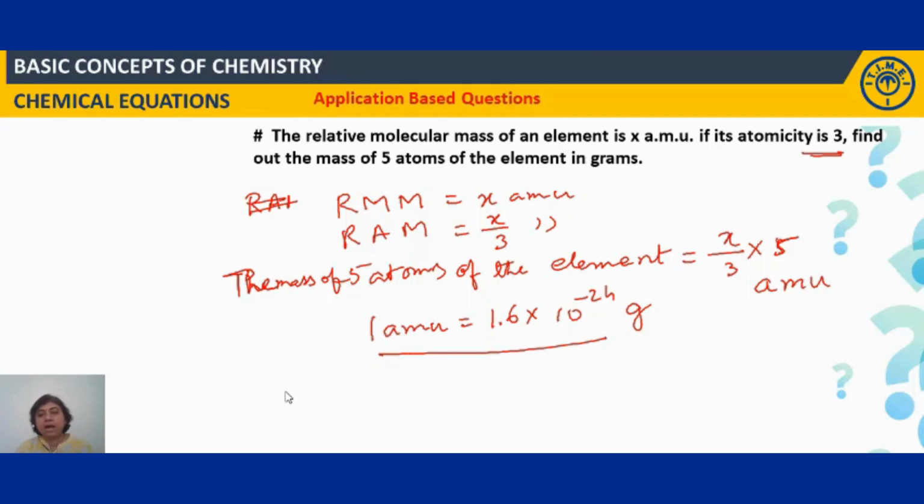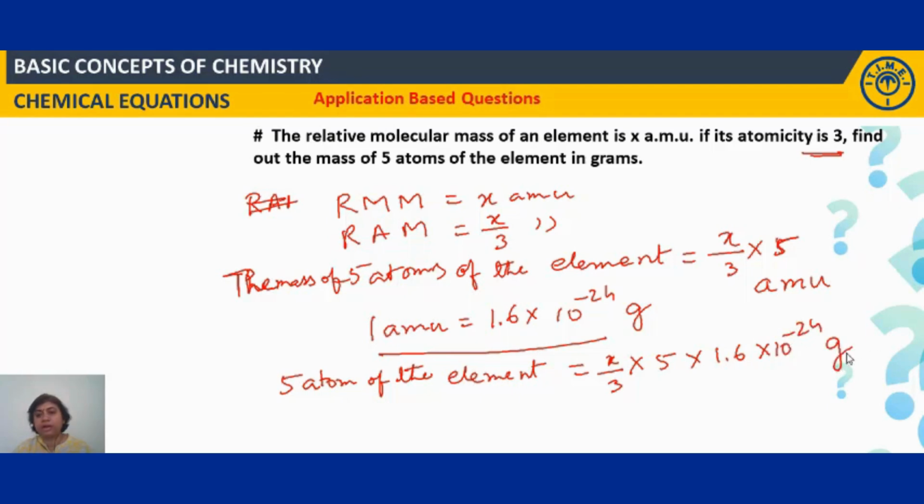So the mass of 5 atoms of the element in grams is x by 3 into 5 into 1.6 into 10 power minus 24 grams.